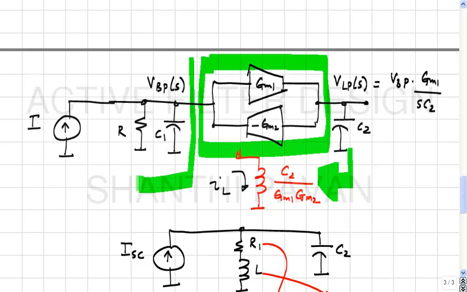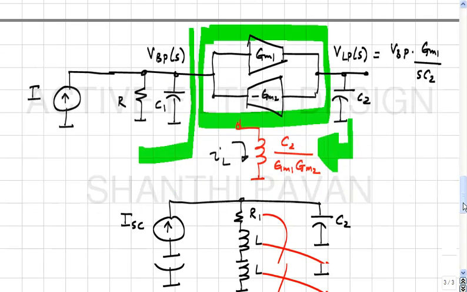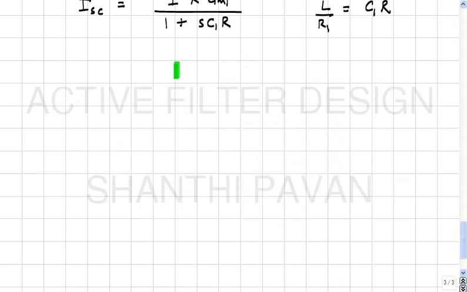Okay. So if you take a gyrator and terminate it with an impedance Z, then the poles of Z will become the zeros of the impedance looking in from the gyrator input port. You understand? What I am pointing out is that this is the gyrator, let us say.